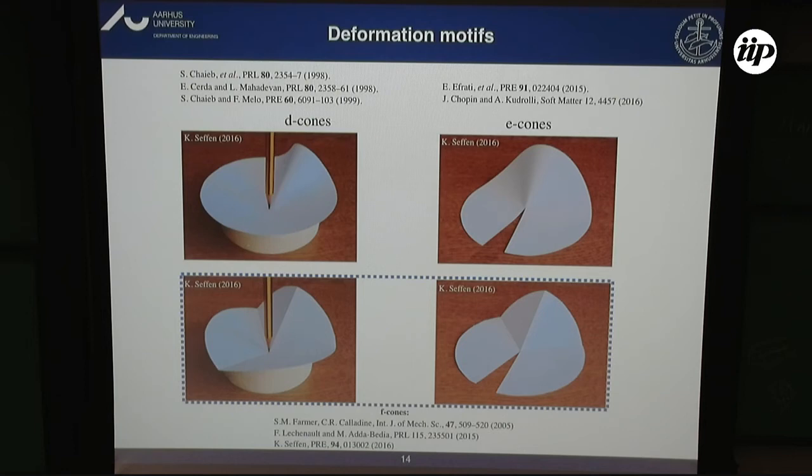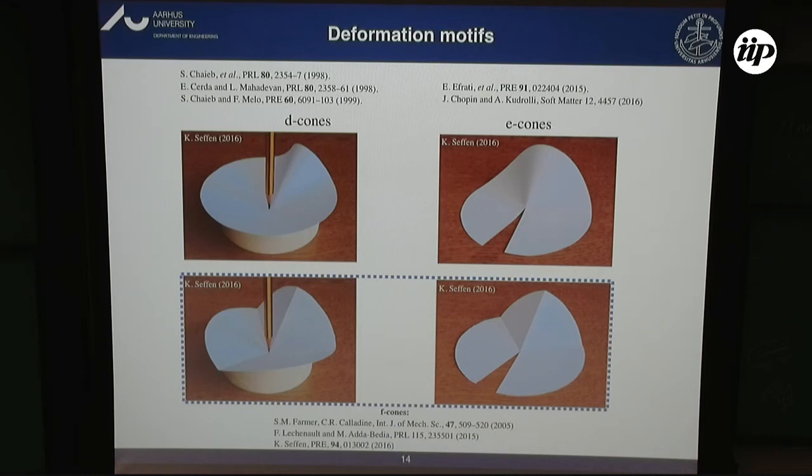So here we have this d-cone and e-cone dichotomy that I'm trying to put forward, and to make my life easier, I'm going to discretize the system. It has been shown that this discretized version describes the systems quite well.